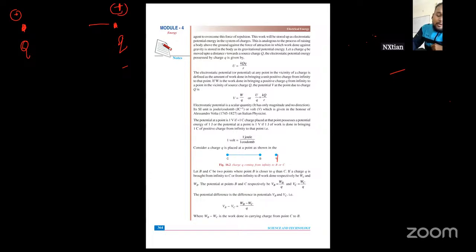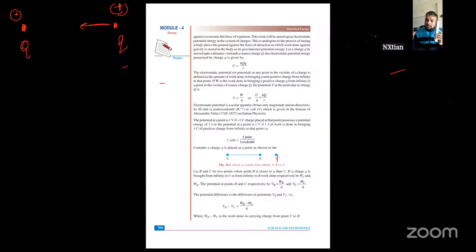Now, when I bring one near the other, I am doing some work, because automatically they won't come, since both are positive charges. They both have repulsive force. Automatically they won't come. I have to do some work so that they can come near.